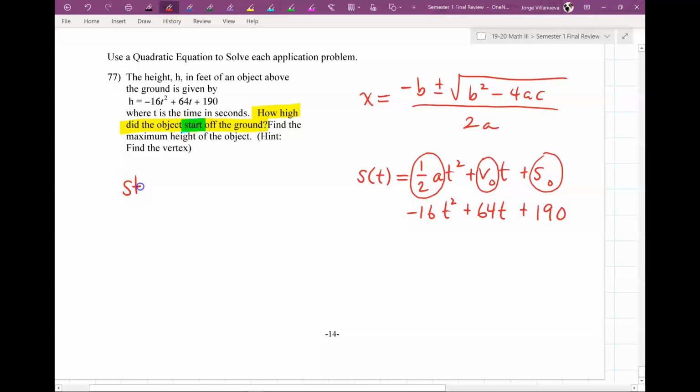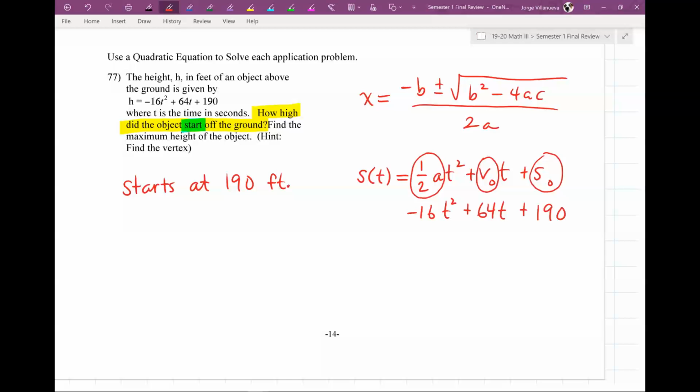Okay, so it starts at 190. Did they say feet or anything? Yes, feet. So the object started at 190 feet. Okay, so that's the first part.